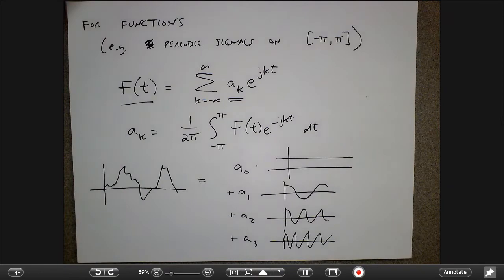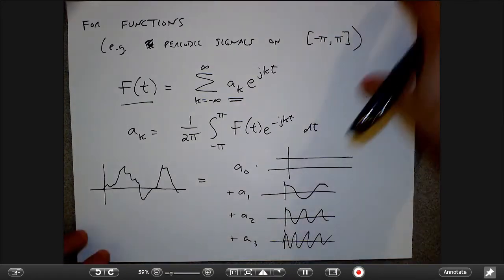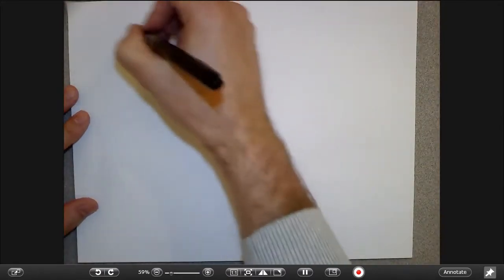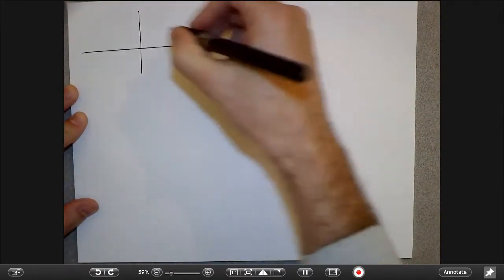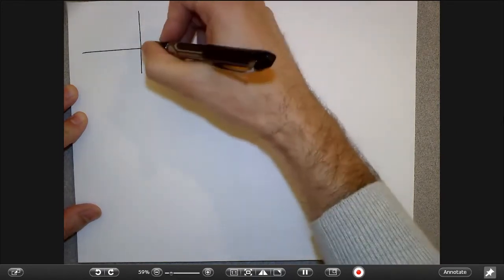So what I want to just mention today is that there are other ways of talking about signals that are as useful as the Fourier transform, and in fact even more useful in the sense that the Fourier transform is not good at some things, right? So for example, if I were to look at a signal like this, right? So suppose I have a signal where, and I'm going to see if I can draw this.